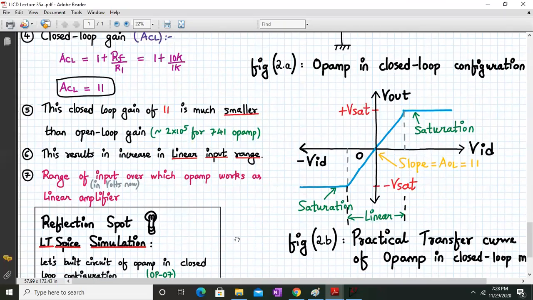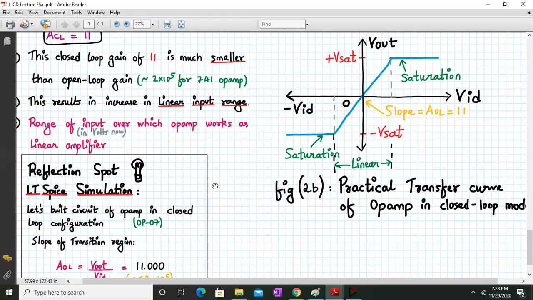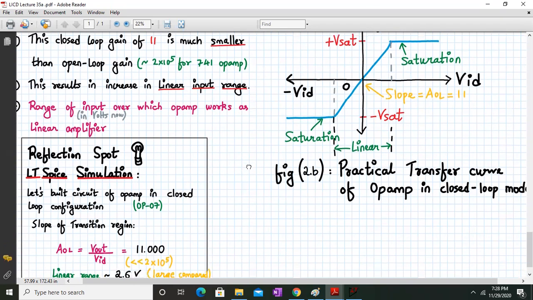So definitely the reduction in the closed loop gain with the negative feedback has resulted in the increase in the linear input range. Okay, so the range of input over which the op-amp works as a linear amplifier is this linear input range, which will be in volts right now if op-amp works in the closed loop configuration.